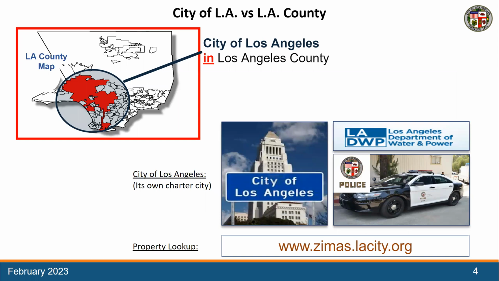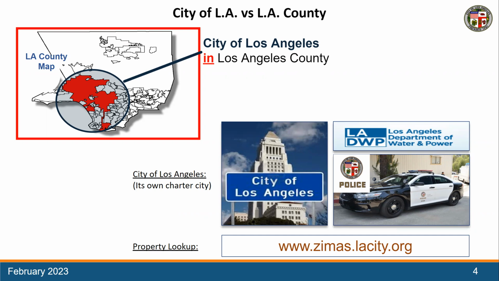It is important for landlords and tenants to understand if the rental property is located inside the City of Los Angeles or outside of it, because different rules will apply in other areas. Today's presentation is intended to only cover rental properties inside the City of Los Angeles.